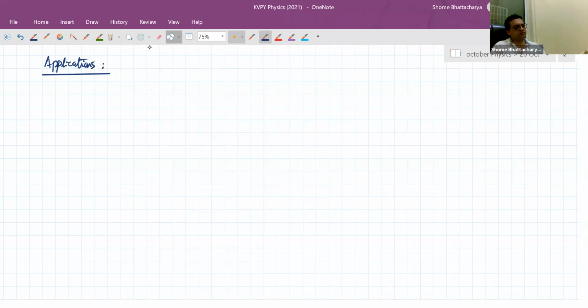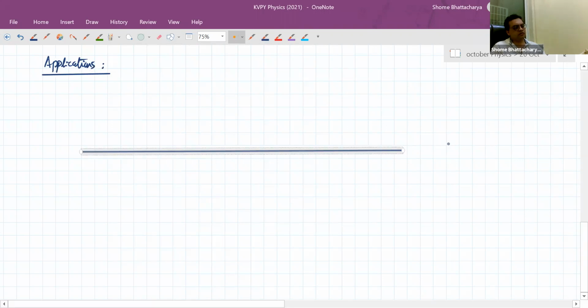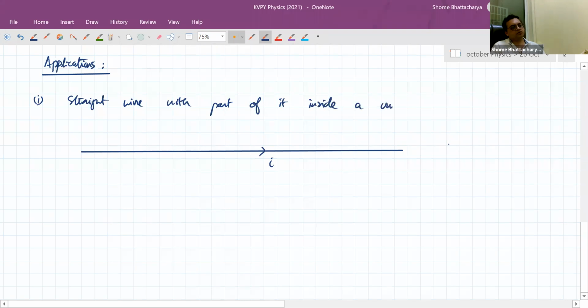One is if we have a straight conductor, okay, like this, a straight wire, with part of it inside a uniform magnetic field. So for example, here suppose we have a situation like this, that this is a straight conductor.